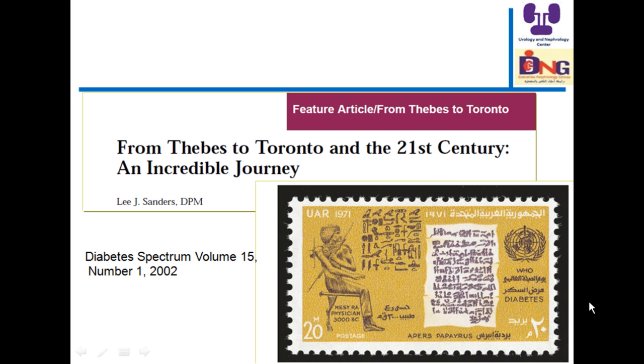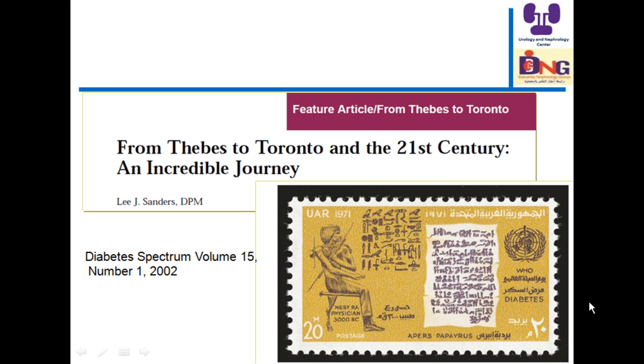This papyrus documented that ancient Egyptians, 3,000 years BC, knew well how to manage the disease of increased urine, because at that time diabetes as a name was not known, but they knew it under the name of the disease of excess urine.